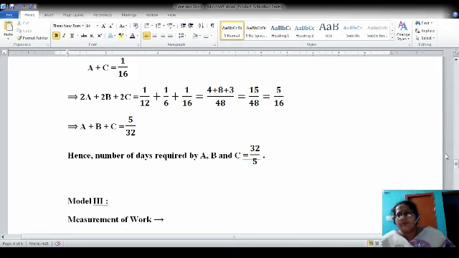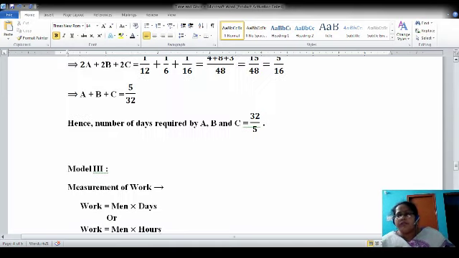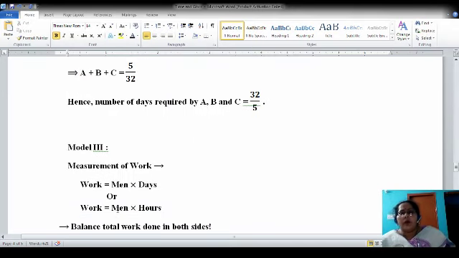Sometimes we need to measure the work, how much work has been completed. In this kind of model, we measure the work as the number of persons multiplied by the number of days, or if it's in hours, men into hours. So we call it man days or man hours.